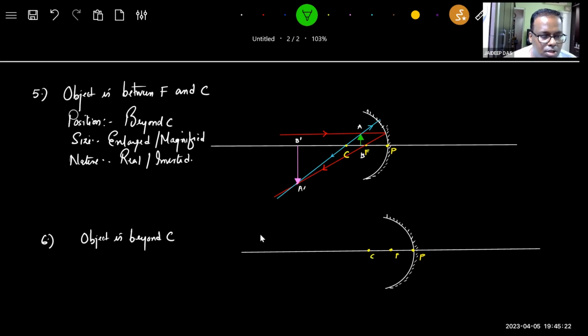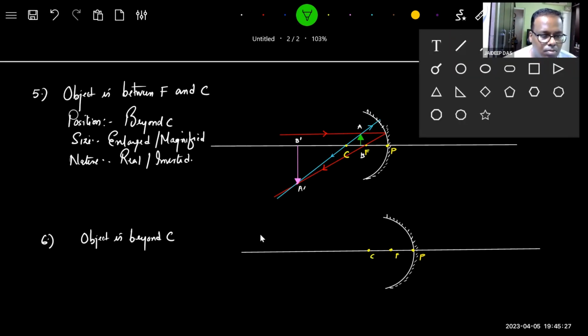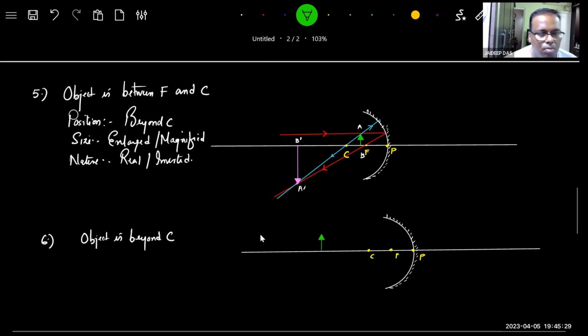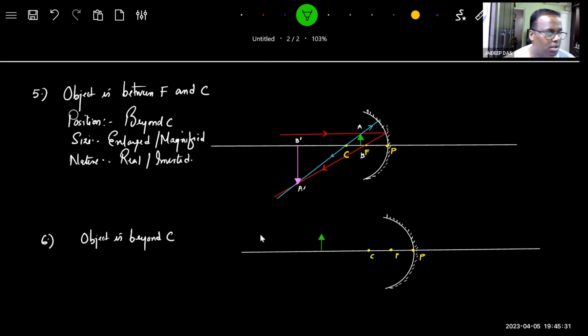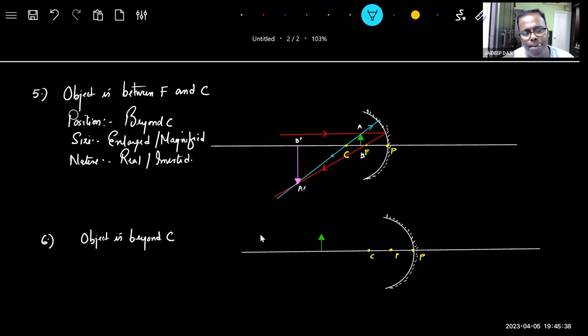Object is beyond C. Object is beyond C. So, ठीक है? Sir, the fifth one, हाँ, the red ray, it's passing through the focus. हाँ, the red ray is parallel to the principal axis, so it will pass through the focus. Rule number 1.